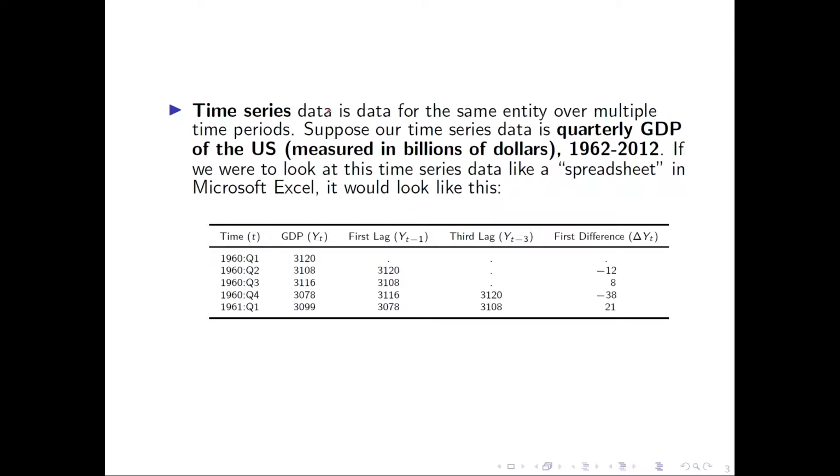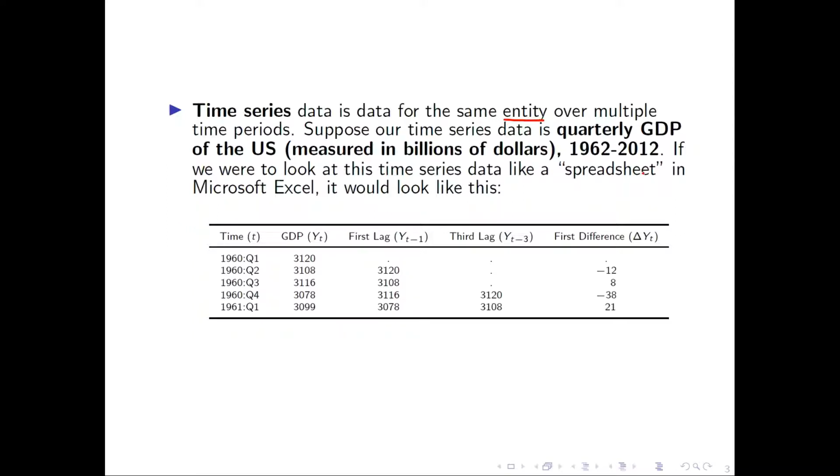Firstly, we have to look at what the data looks like. And this time series data is data for one entity, or the same entity, over multiple time periods. And here we have an example of quarterly GDP, gross domestic product, of the US economy.